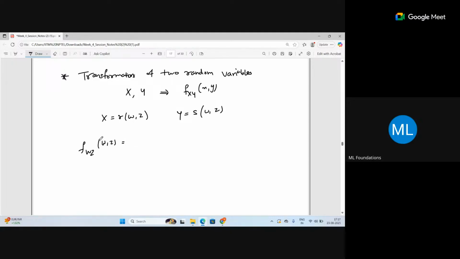So f of wz, since f of xy is known to me, can be written as f of xy, and instead of x I write r of w comma z, and instead of y, s of w comma z.